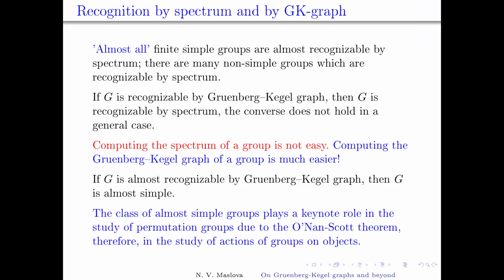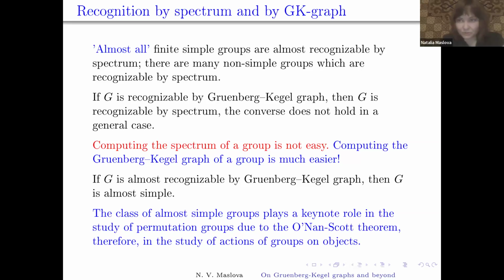Yes, it's obvious from the definition. The spectrum defines the Gruenberg-Kegel graph, so if a group is uniquely determined by the Gruenberg-Kegel graph, it's easy to understand that it's uniquely determined by spectrum. However, computing the spectrum is not easy. And if you remember the exercise from one of the first slides, computing the Gruenberg-Kegel graph of a group is much easier.